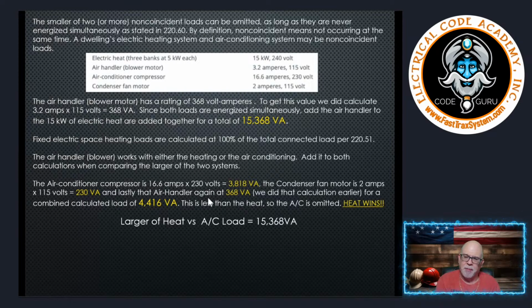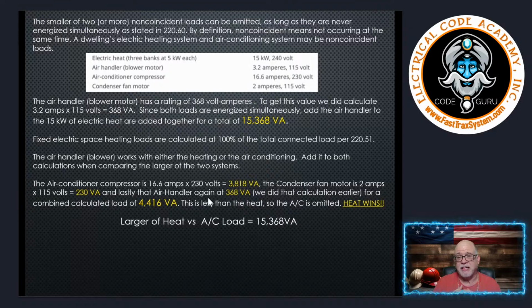But I want people to remember that if we weren't talking about dwellings, if we were talking about a commercial building, then you could have two non-coincident loads that will not be running at the same time. As long as I sized my loading for the service for the largest one, and the other one would never come on at the same time, even if the lesser one's running, since I sized it to the larger and there was some kind of interlock that kept those from operating at the same time, then that's called a non-coincident load.